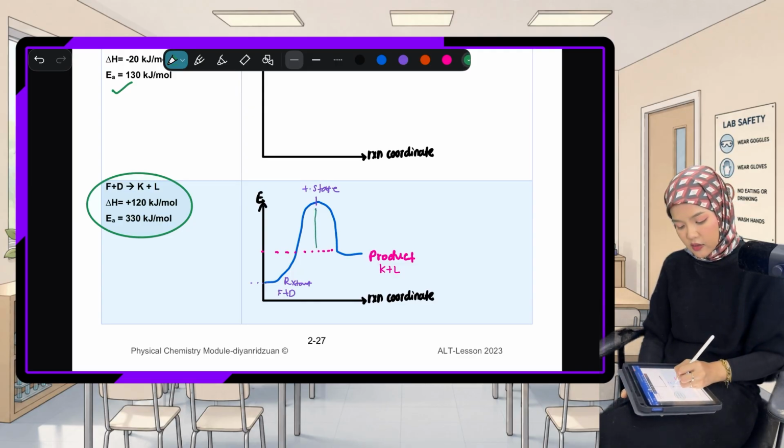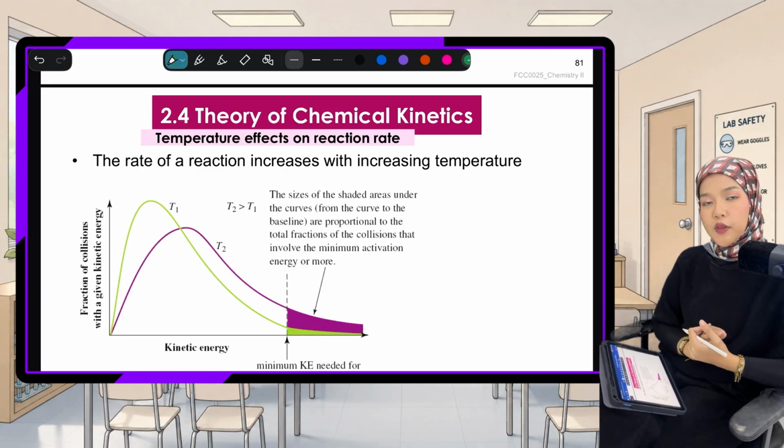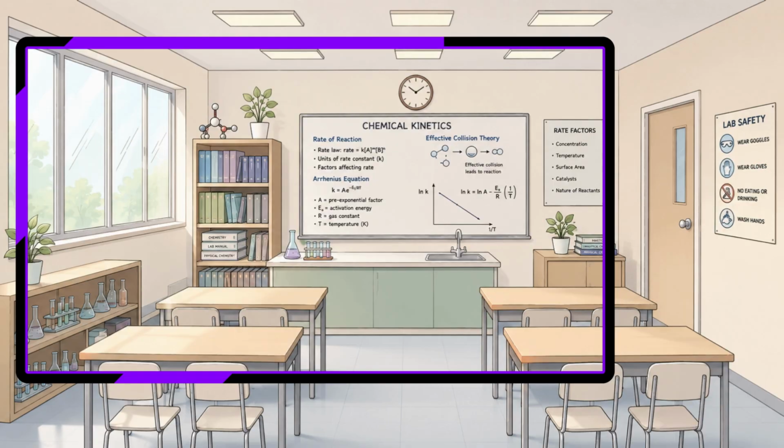This is your activation energy, and this is the enthalpy change. So through the theory of chemical kinetics, I have shared with you how to achieve effective collisions.